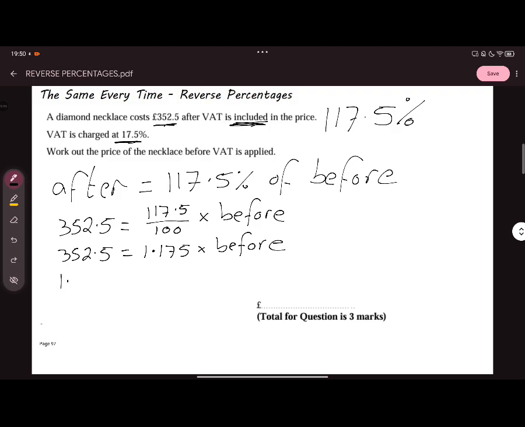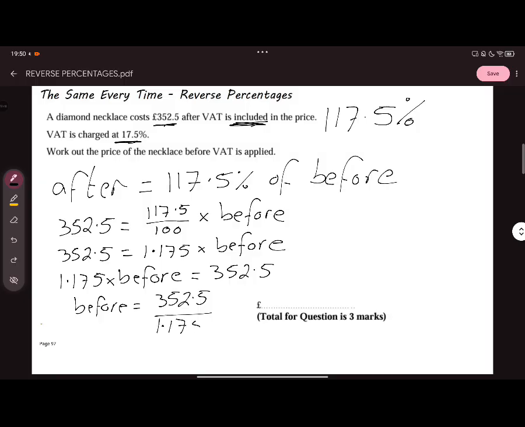I'm going to write it this way round just because I prefer to have the before price at the left-hand side. I'm not doing any maths here. I'm just swapping around the two things on each side of the equal sign. There we are. So the before price is going to be 352.5 divide by, multiplying by 1.175 on the left-hand side.